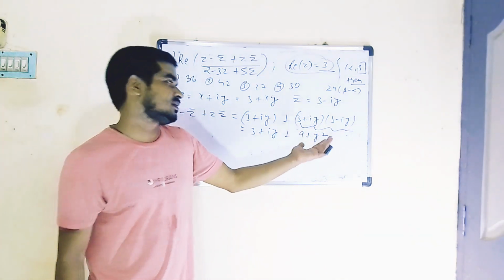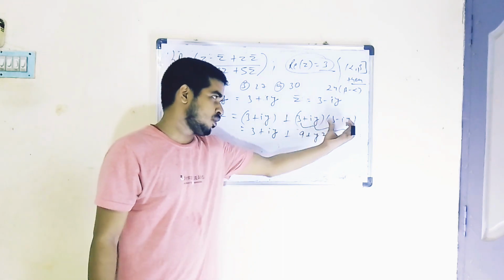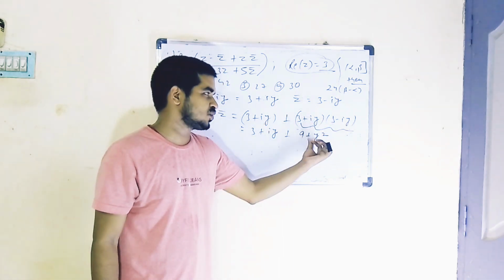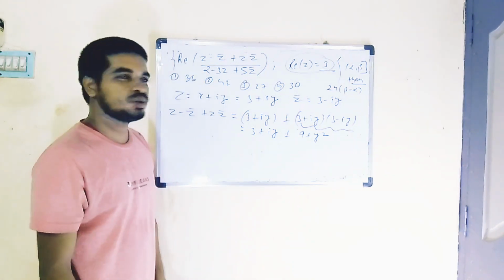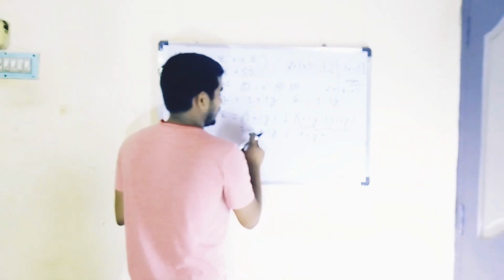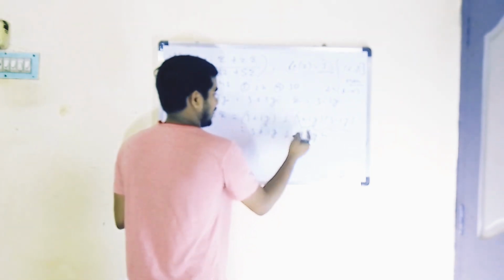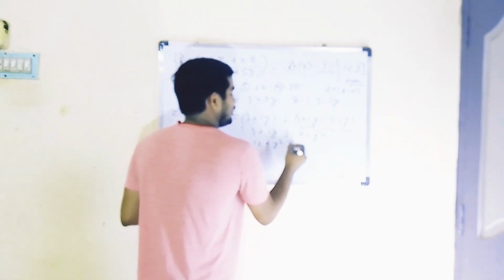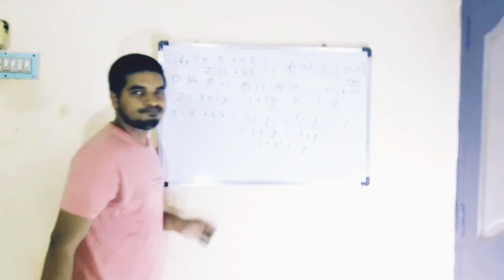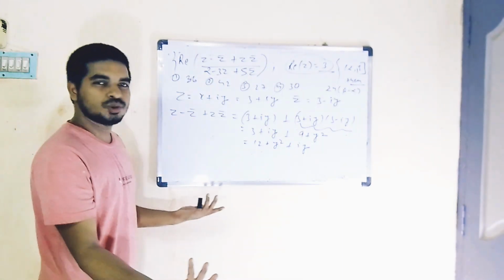Or you can keep in your brain that whenever this form comes, you can directly use a square plus b square. So what is this? 9 plus 3, 12. 12 plus y square plus iy.